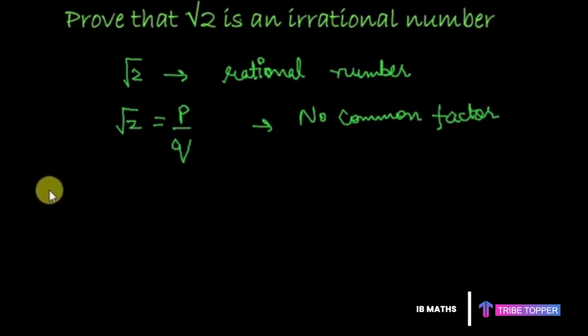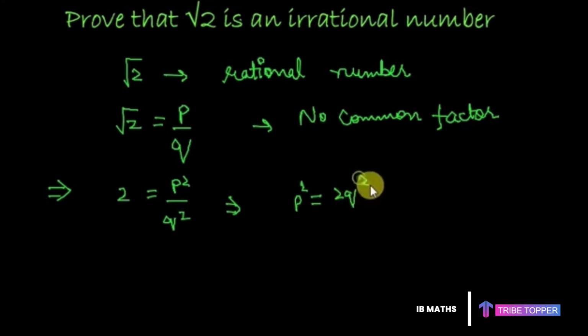And now, to take it further, squaring both sides would give us 2 on the left hand side and p square upon q square. So this gives me that p square is equal to 2q square. And if p square is equal to 2q square, this means that p square is an even integer, because I get it by multiplying 2 with q square.